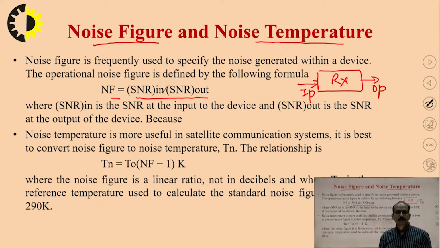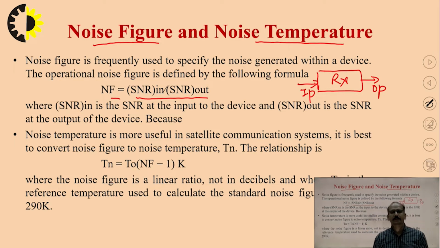As you can see, the SNR will always be high, because if the SNR is high, it means the signal power is high and the noise power is low. Similarly, when we are talking about a high SNR at the output side, the noise figure will be 1 or less than 1.